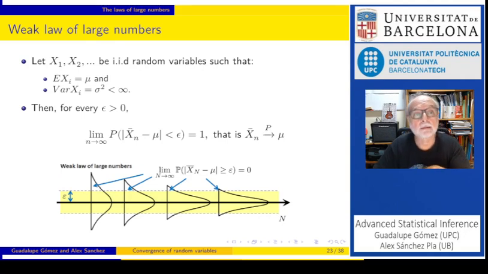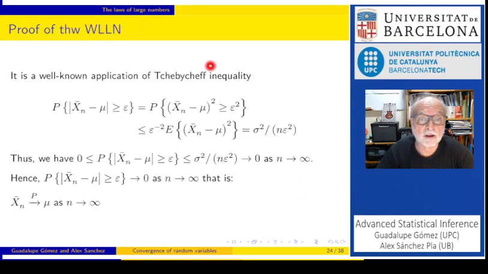Okay, so although we don't discuss proofs here, the weak law of large numbers can be proved based on Chebyshev's inequality, which is also the tool that we use in many of the problems of convergence in probability.